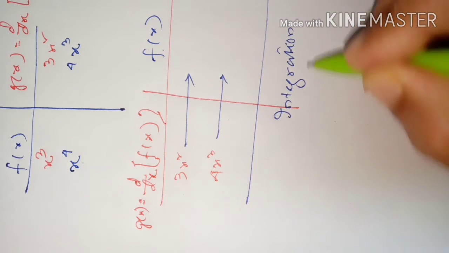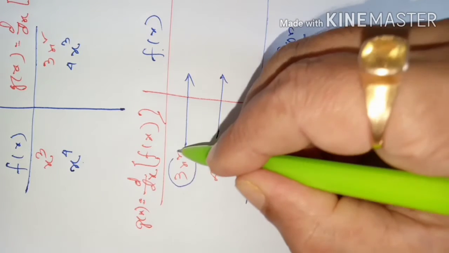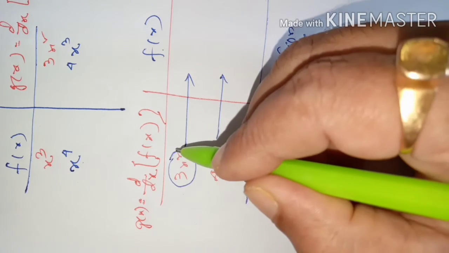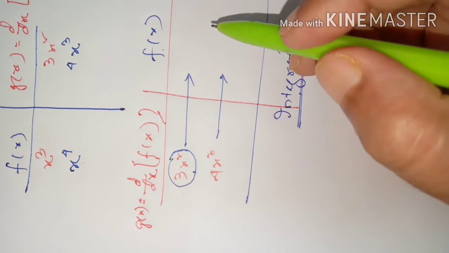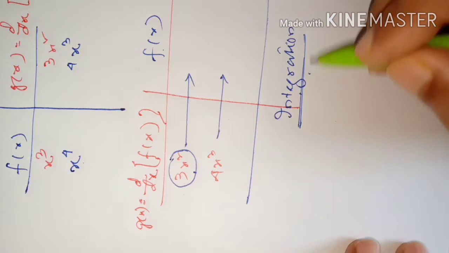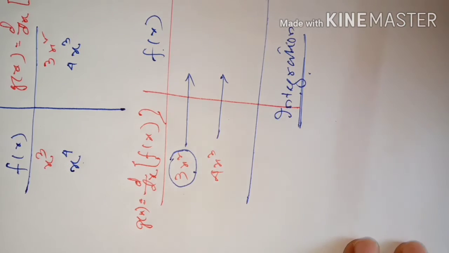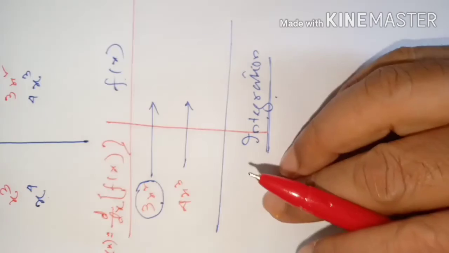Okay dear students, integration is the process to get back from the derivative of a function. If the derivative of a function is given, the function is not known, but you can know it by a process. That process will be called integration.